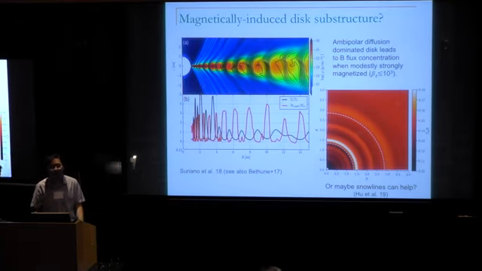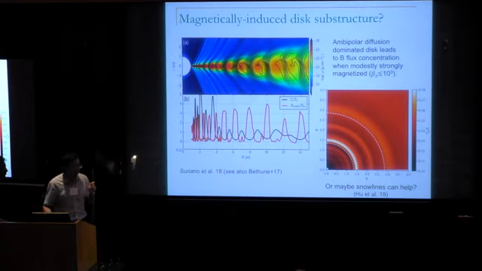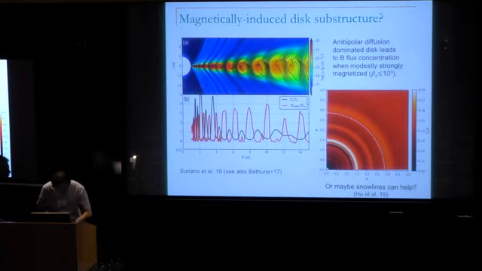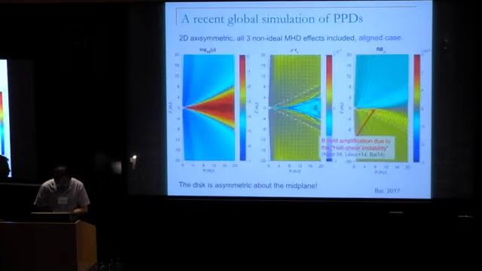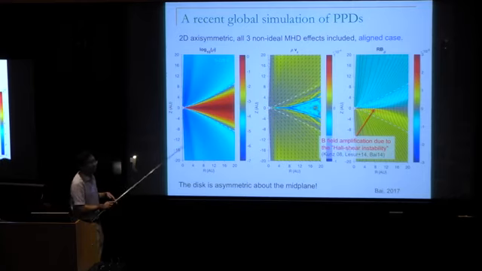Kathy? The extent of your wind-driven region. I noticed a lot of your calculations were going out to about 50 AU, and you mentioned an ambipolar diffusion dominated region beyond there. Given that most of the mass in a disk is at large radius, how far out can you get this mechanism to work? Well, in this simulation, the disk goes to infinity, basically.